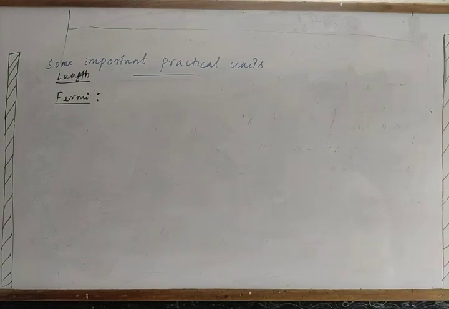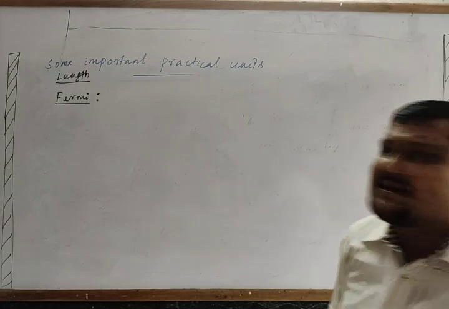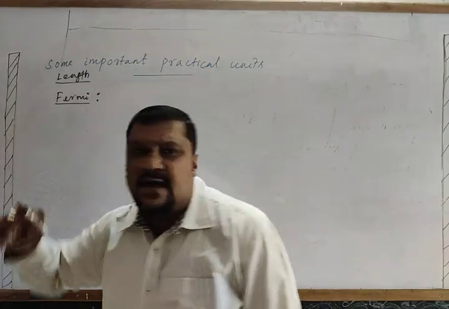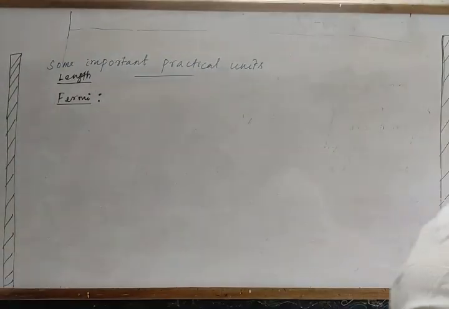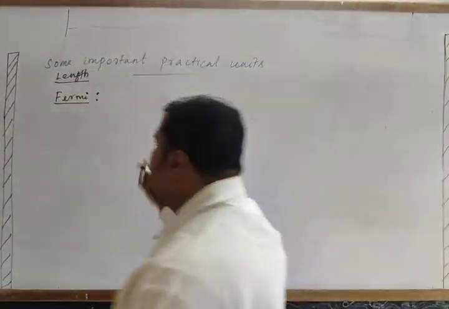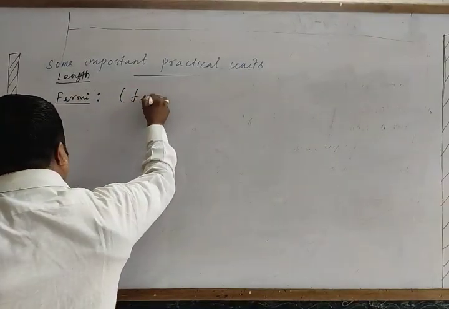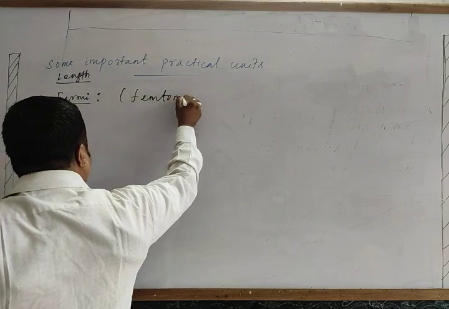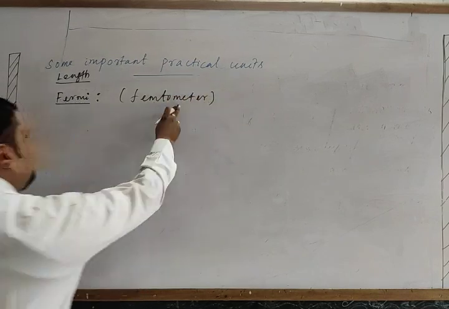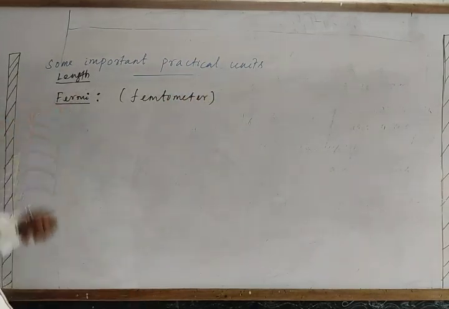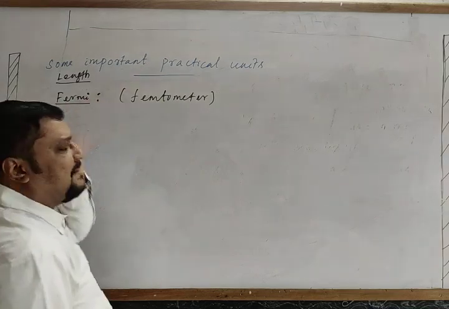It is used to measure the nuclear size. It is also called the femtometer. The Fermi is the short form of femtometer.